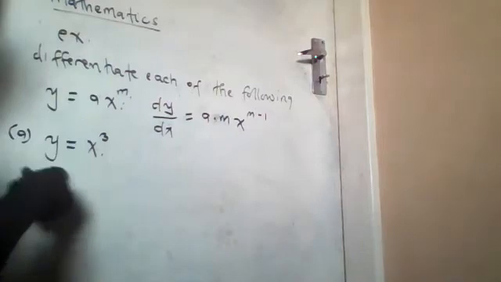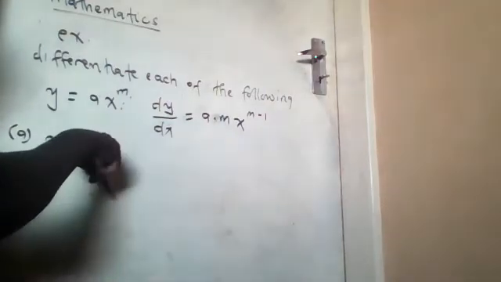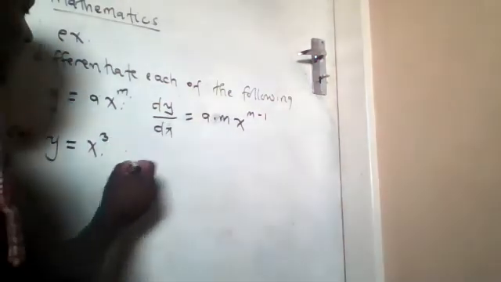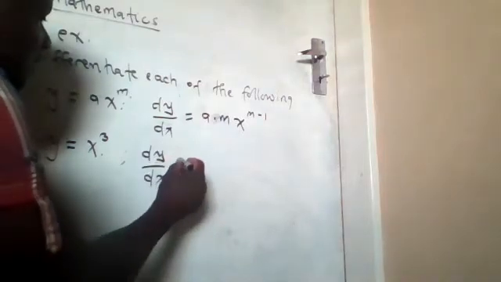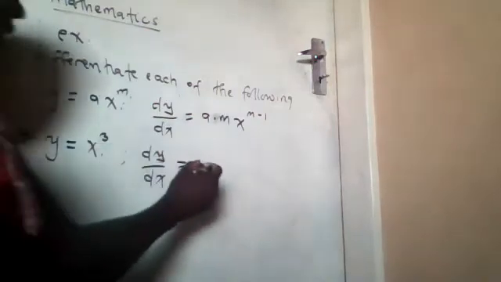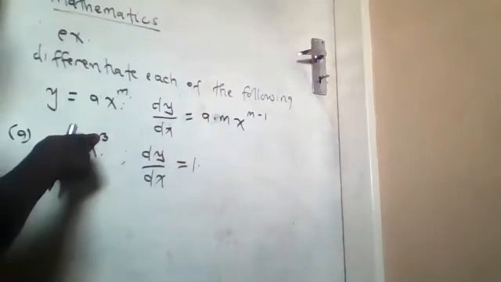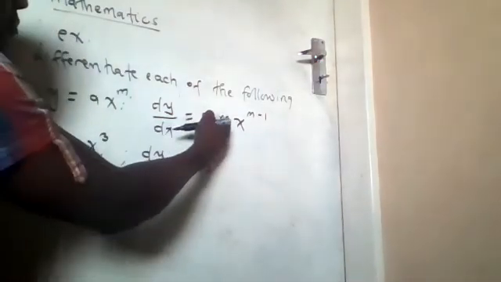So when you have this, you know that this is the y variable, this is the x variable, the power is 3. The coefficient is 1. So now finding the change in y over the change in x, what is the coefficient here? The coefficient is 1. So 1 times the power, which is 3. A times m.